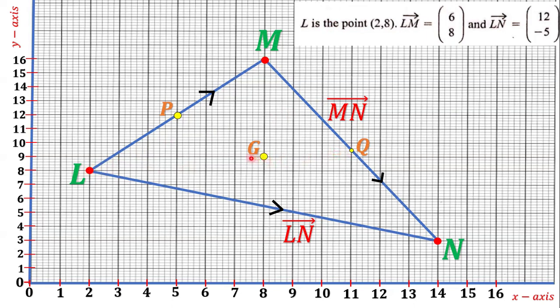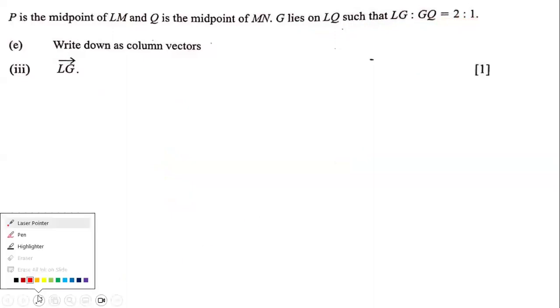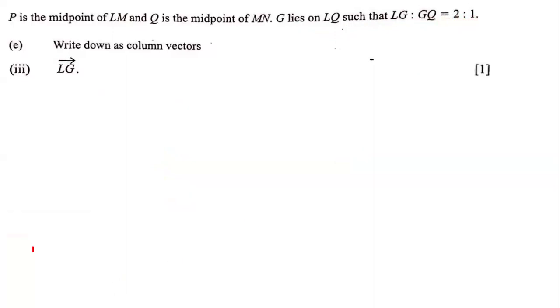So G is on this line LQ, all right? So G lies on LQ such that LG to GQ is equal to 2 to 1. Now, let me draw it.